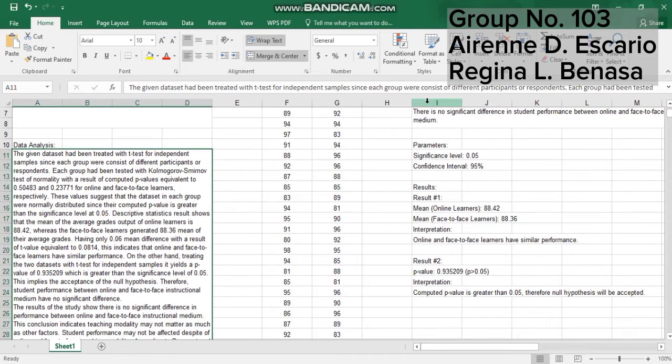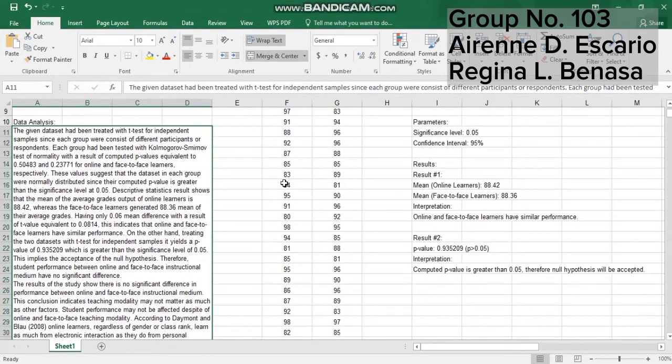These values suggest that the dataset in each group was normally distributed since their computed p-value is greater than the significance level of 0.05. Descriptive statistics show that the mean of the average grades of online learners is 88.42, whereas the face-to-face learners generated 88.36.